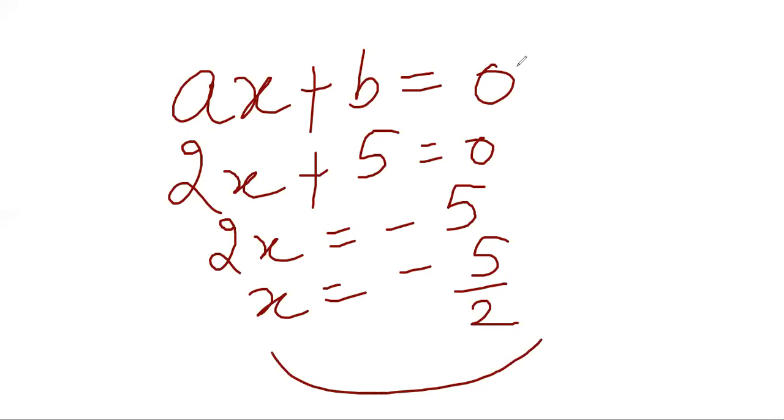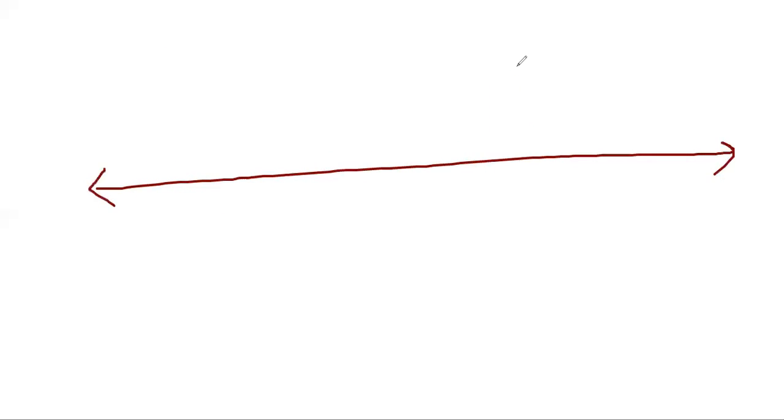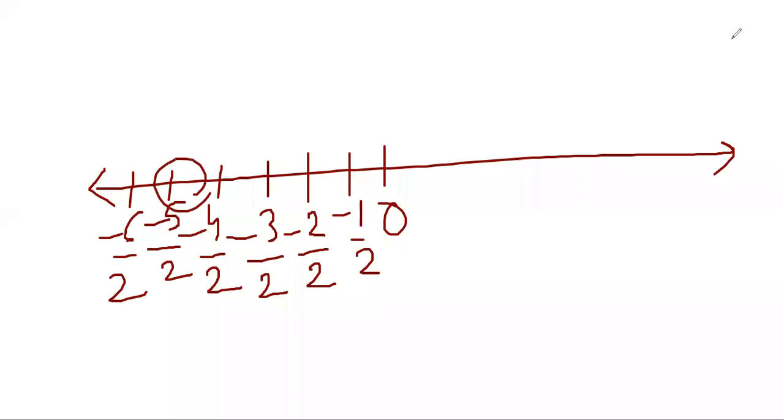If we want to represent x equal to minus 5 upon 2, we can represent it like this on the number line: 0, minus 1 by 2, minus 2 by 2, minus 3 by 2, minus 4 by 2, minus 5 by 2, minus 6 by 2, like this. We can represent it on the number line, that we have done in class 8.